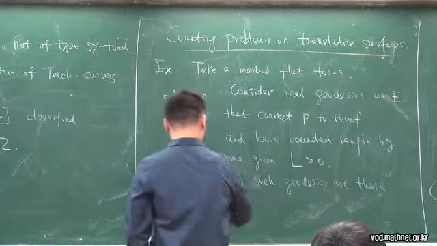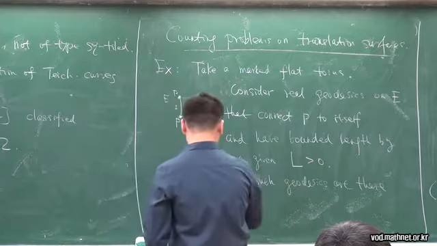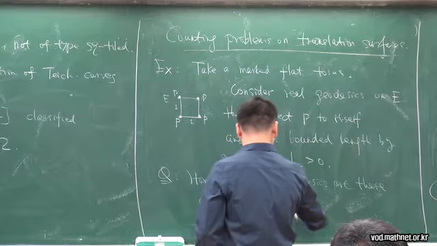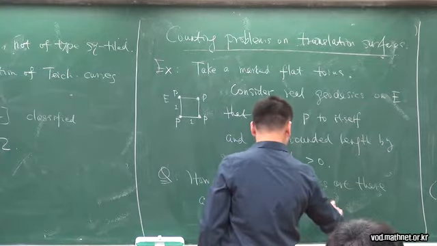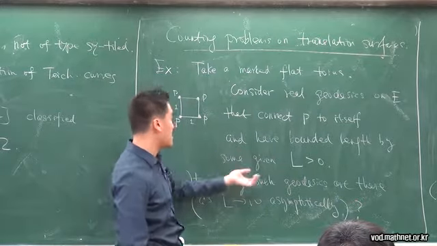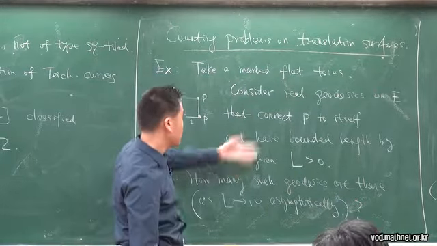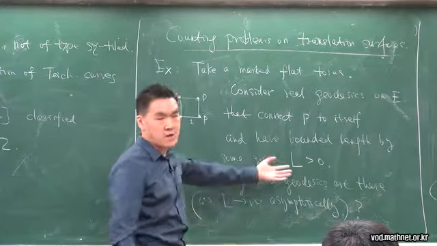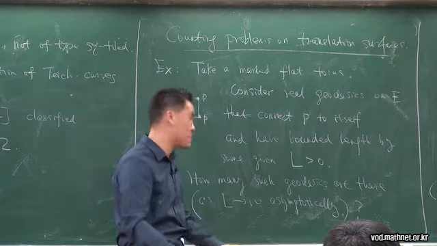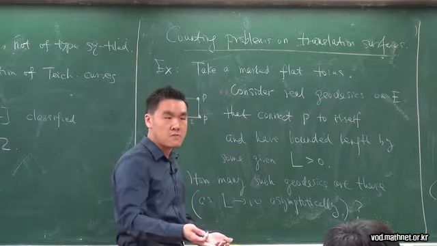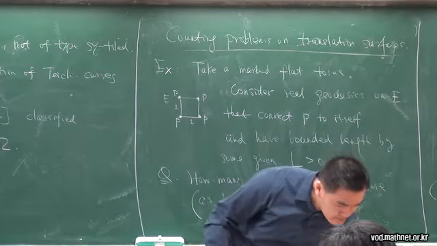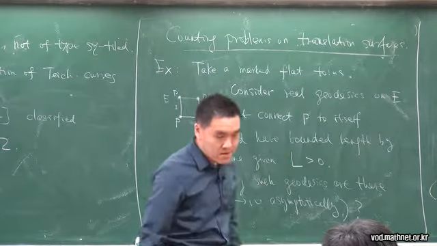I really mean the asymptotic behavior as L goes to infinity. In other words, I want to express the number of such geodesics connecting P to itself on E with length bounded by L as a function of L, and look at the leading term. What is the asymptotics? Is it a polynomial in L? If it is, what is the degree? And what is the coefficient of the leading term? I think I'll just leave it here, and it should be easy to figure out.